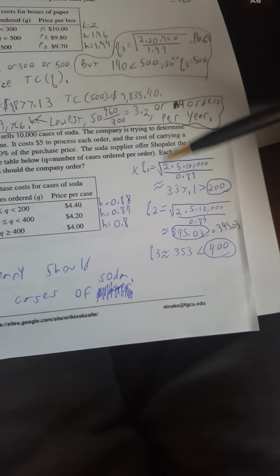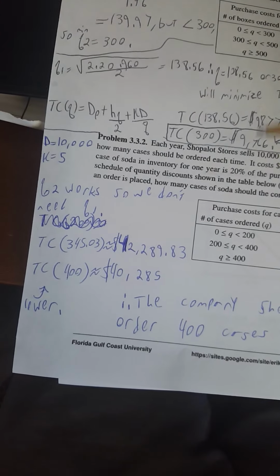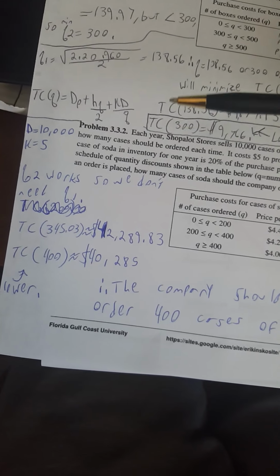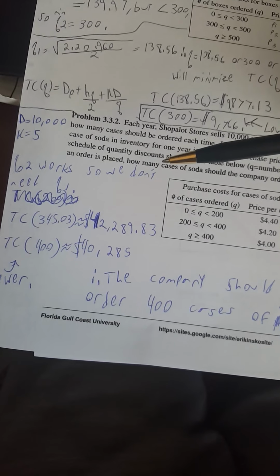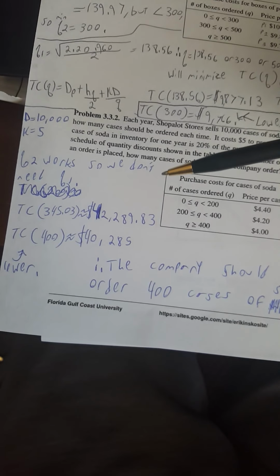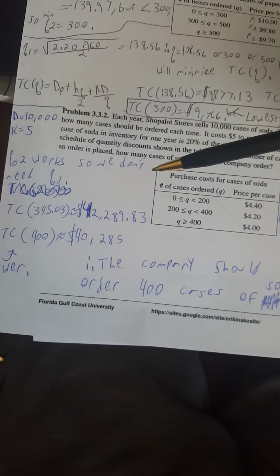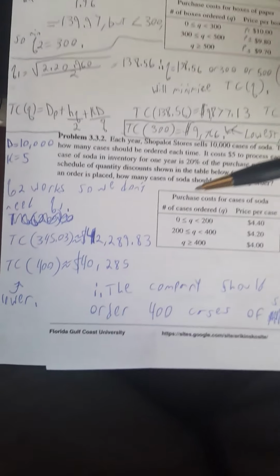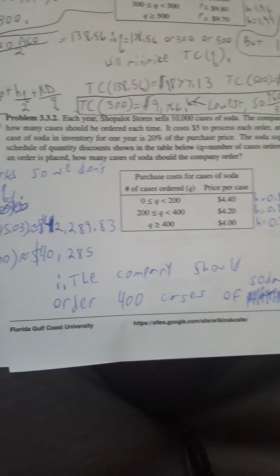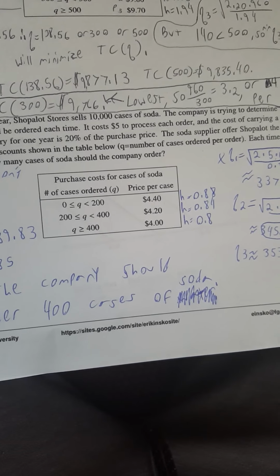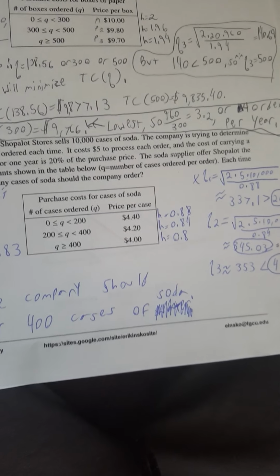Alright, this one's a little sketchy here. Where did I come up with that? Sometimes I just have strokes of genius and I just forget where it came from. Well, oh, I see. Okay.